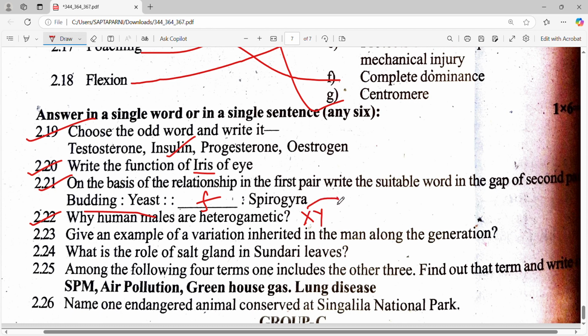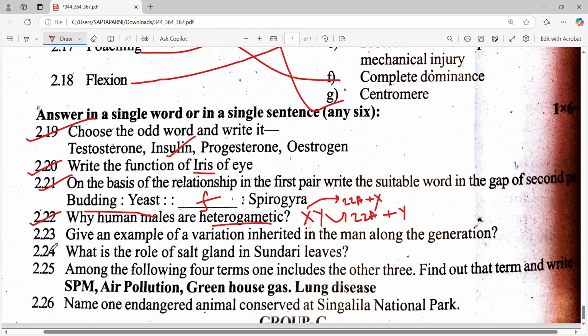So they produce two types of gametes. One is 22 autosomes plus X chromosome. And another one is 22 autosomes plus Y chromosome. So two different types of gametes are produced from a human male. That is why human males are known as heterogametic.